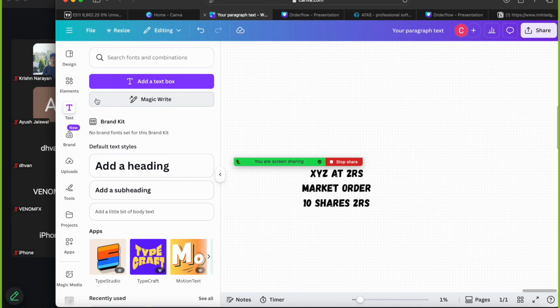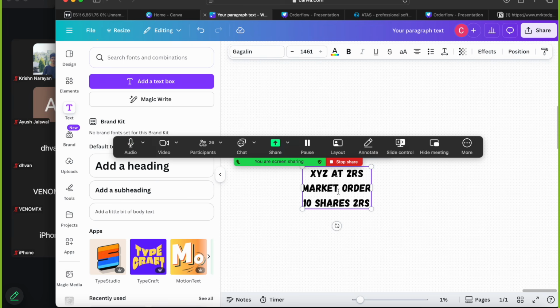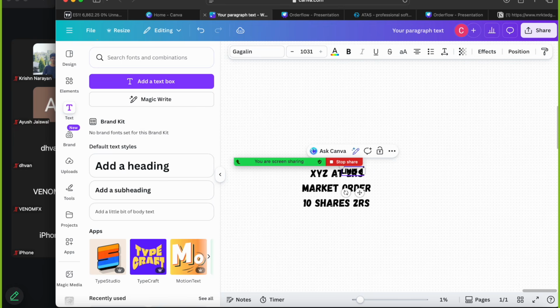I think the price is at 2 rupees, it will come down to 1 rupee and then again start going up, which means I have a limit set. I want to buy only when XYZ reaches 1 rupee. So I'll place a limit order to buy 10 shares at 1 rupee.